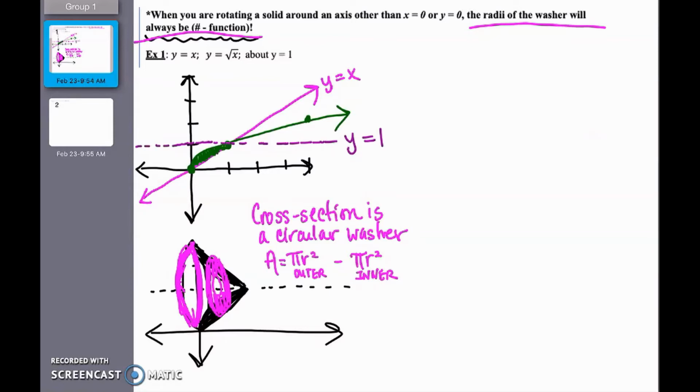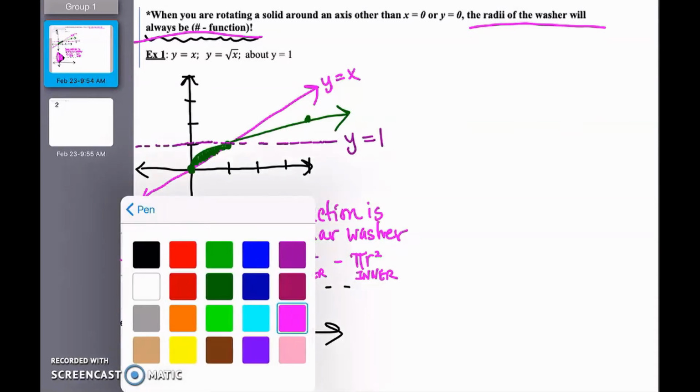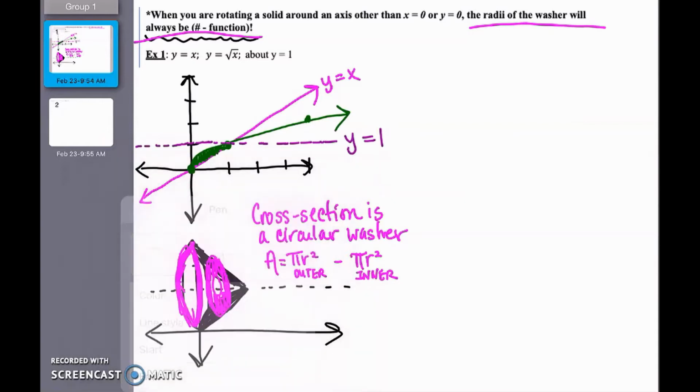That's the center of this rotational solid. So up here, I'm just going to jot a little note down for myself as I build my equation for volume: the radius of the outside of the washer.